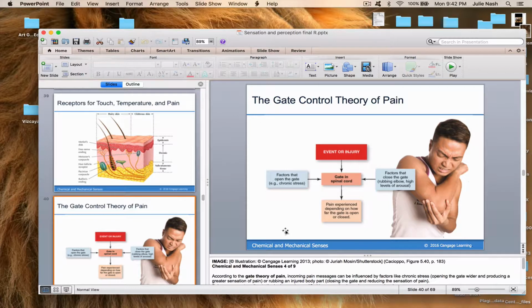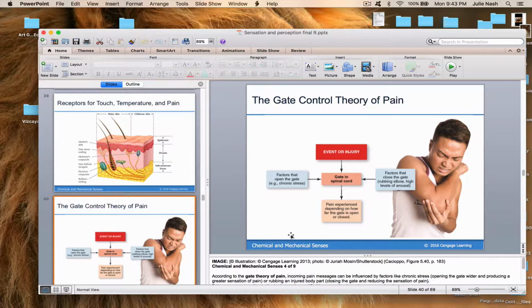The gate control theory, I don't want you to think of this as an actual flap opening and closing along your spinal cord. That's not actually how it works. I'm not going to hold you to being tested on all the factors of the gate control theory. And if you were in my face-to-face class, I would map it all out and draw it for you. But the point is that we actually have interneurons that are keeping our pain messages from going to our head.